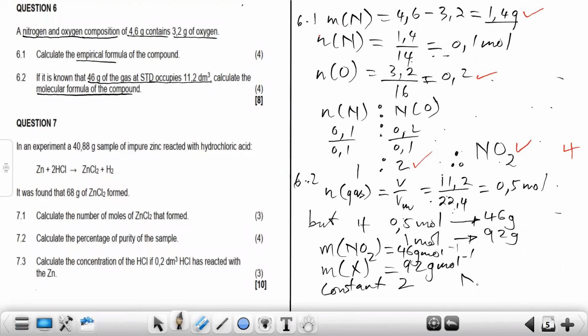Then our formula will be N2O4, then we get our final answer. So I used ratios. There's an easier way of doing it, but I felt like, let me show you a simpler and easier way of doing it.